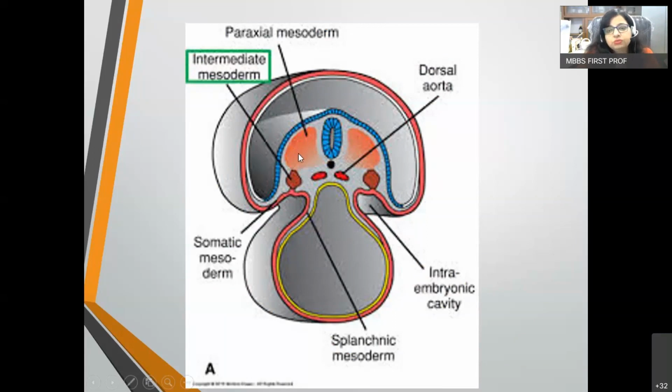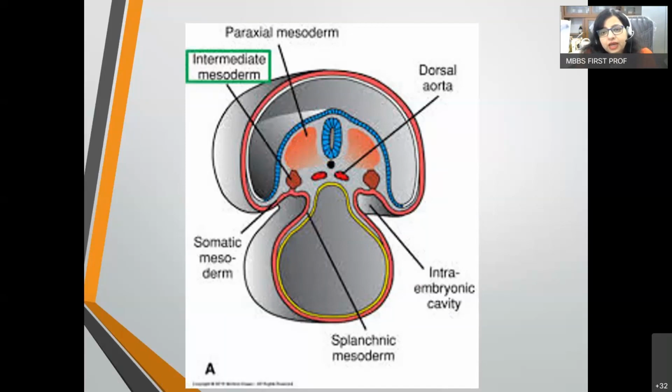Now, this intraembryonic mesoderm is subdivided into how many parts? I want responses. Either you type or yes. So these 3 are paraxial, that is by the side of the axis, and axis is the notochord.